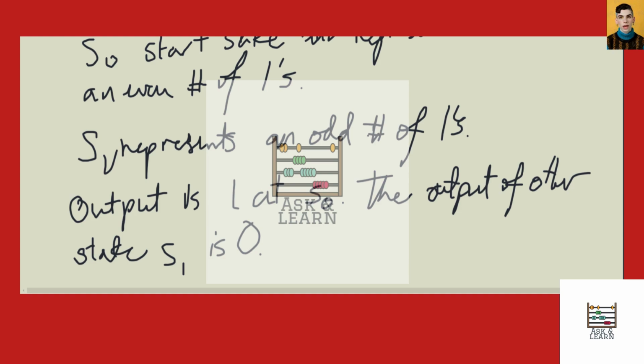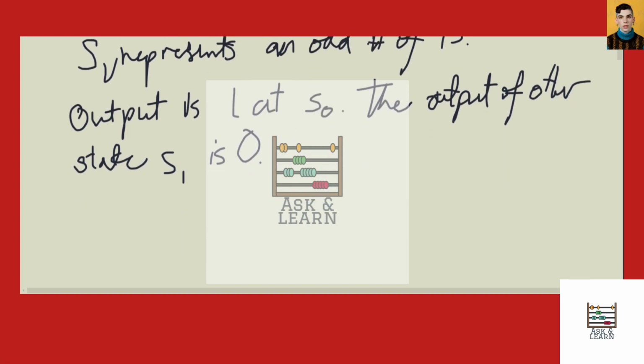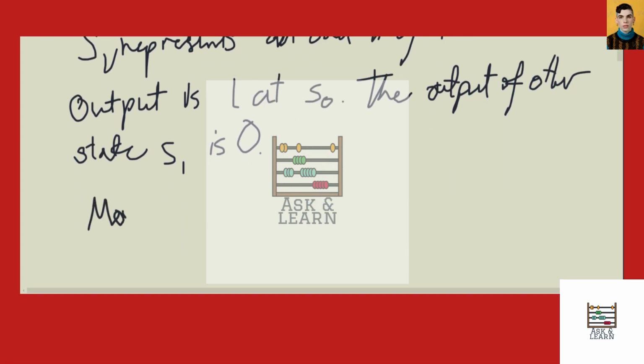Now, the way the transition works is we move from state S0 to S1 when the input is a 1. This is because in S0 we had an even number of ones, but if we input a 1, then we now have an odd number of ones, so we need to be in S1.